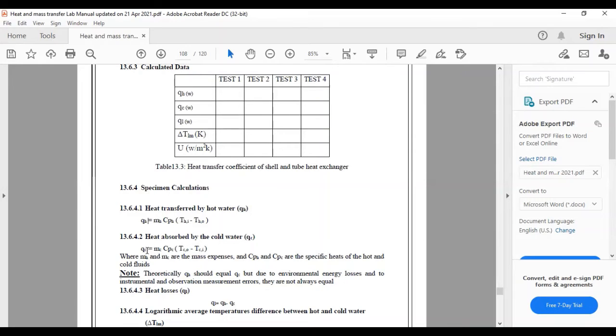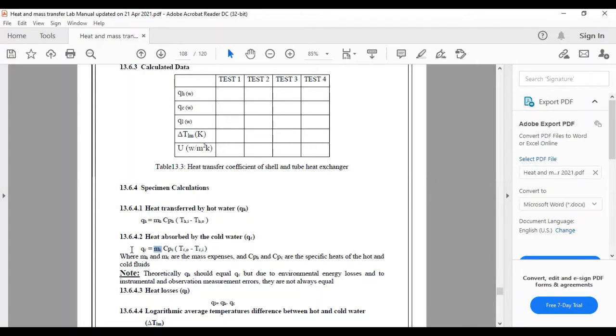Then second, we will calculate the value of QC. This is basically the heat received by cold water. So QH is equal to MH CPH (THI minus THO). Similarly, I am talking about this QC. This is MC CPC (TCO minus TCI). So basically, we already have the value of the mass flow rate of cold water from the start.